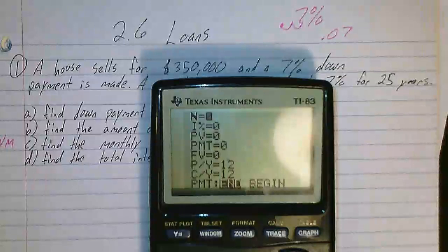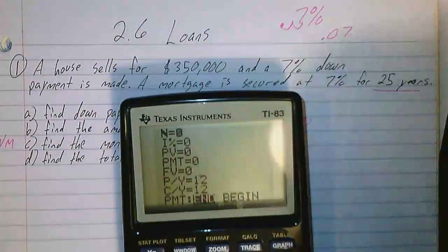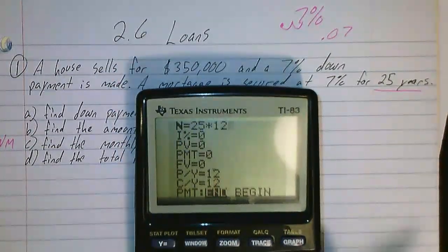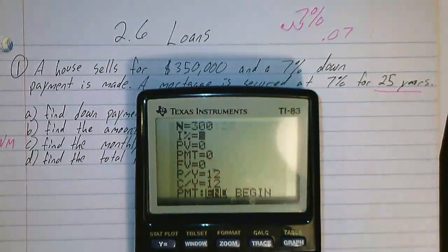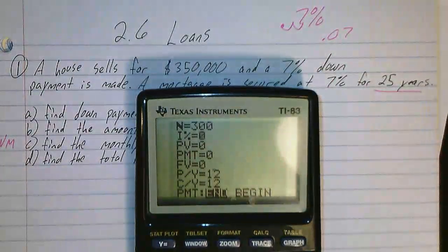N is the number of payments, and that is the number of monthly payments. 25 years is how long we are doing the mortgage. So here, I just hit 25 times 12. I don't need to go back to the home screen and do it. If I move down, the TVM solver will fill that in for us.